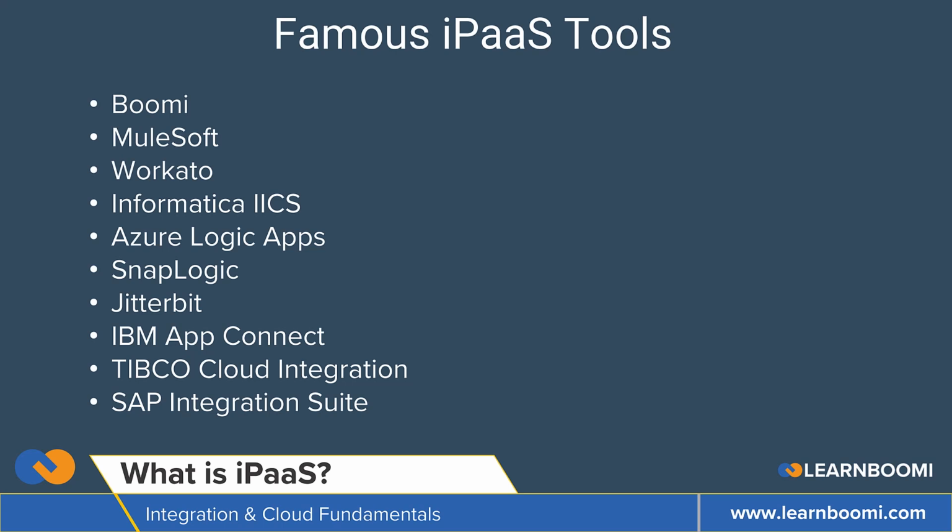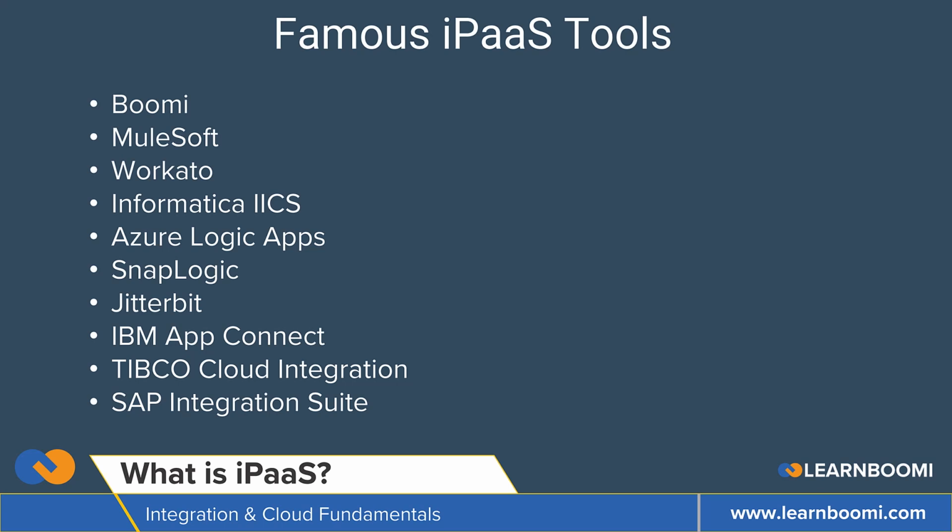Then you have SnapLogic, a cloud-based integration platform known for AI-driven integration and easy-to-use pipelines. Then you have Jitterbit Harmony, an integration and API platform used widely in mid-size and large organizations. Then you have IBM App Connect, IBM's integration platform used for connecting enterprise systems, APIs, and cloud services. Then you have TIBCO Cloud Integration, part of TIBCO's integration suite used for enterprise systems, APIs, and workflows.